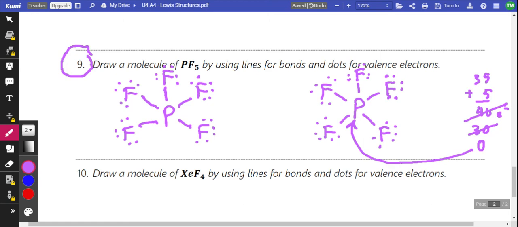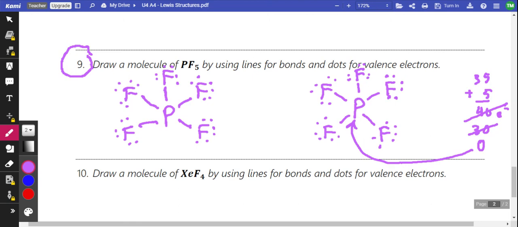From there, if you still don't have an octet for anything, you can start making double and triple bonds, not by sharing 1 electron from another, but just by giving a pair of electrons over from the surrounding atoms to the center atom, which is a little bit odd. This list of steps is a little bit exhaustive to draw a molecule, which is why I like to teach it by the gut method first. We try and just get the valence electrons to work out by making covalent bonds that make everything happy.